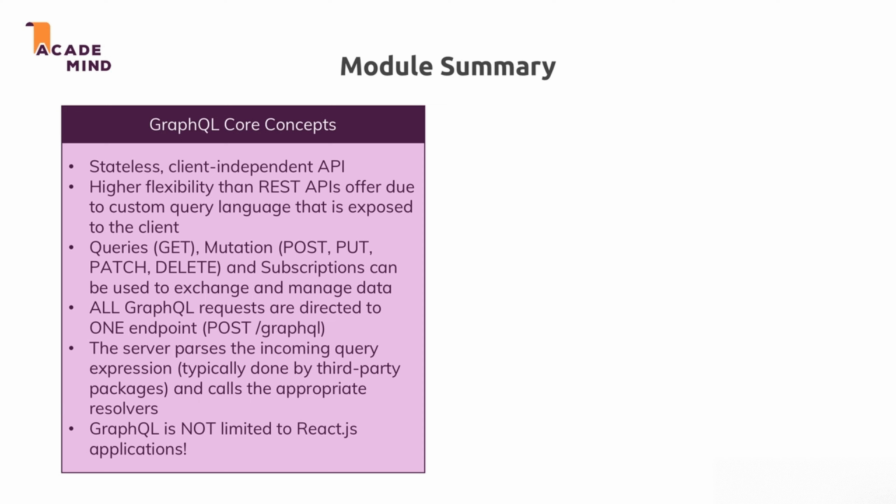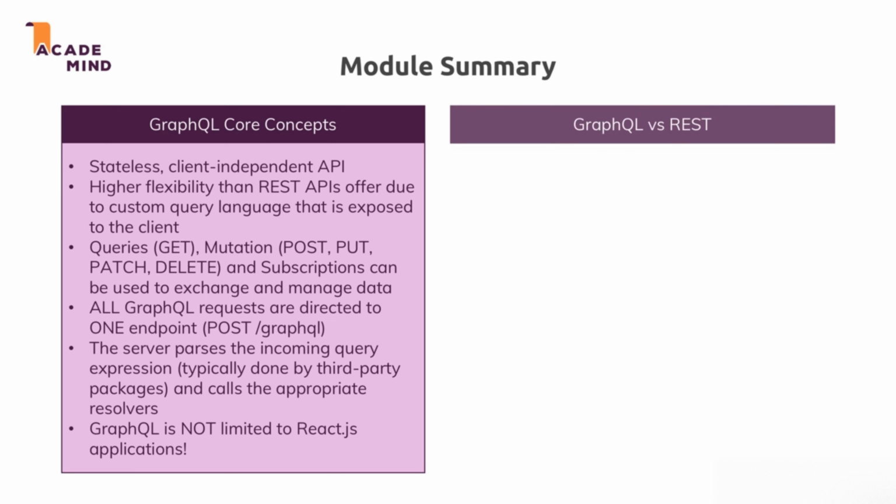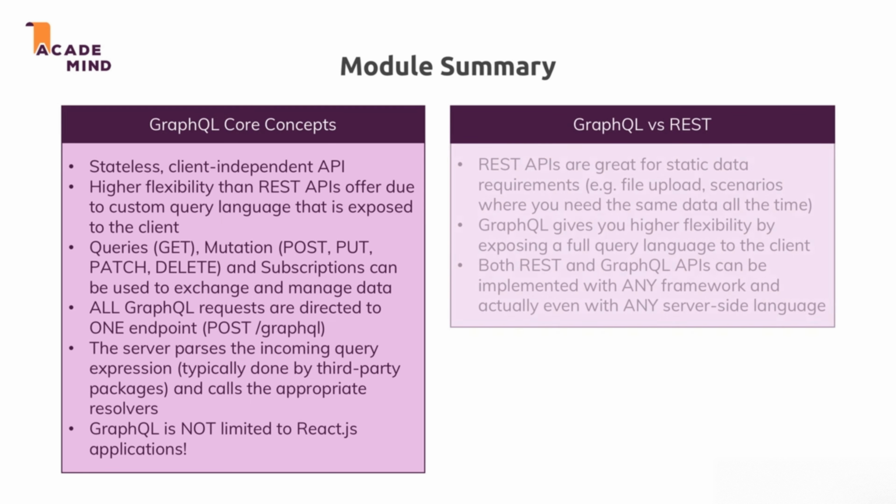GraphQL, and that is also important, is of course not limited to React.js frontend applications. You can use it with any frontend application, be it a mobile app, a single page app with any framework, or whatever you have. It's not limited to React. Now, when we compare it to REST, then we have to understand that REST APIs are not strictly worse. They might still be the perfect solution for your next project.